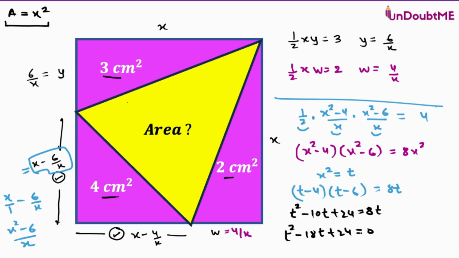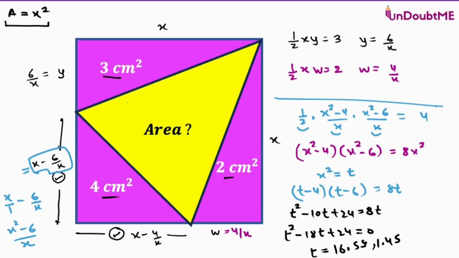The two t values which we are getting from here are 16.55. Let me just get the exact value. Just hold on. So 16.55 and 1.45.